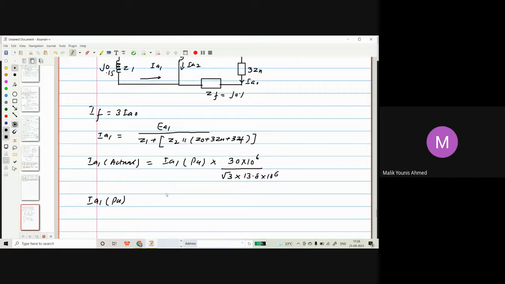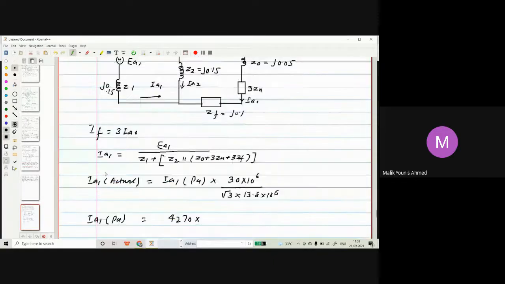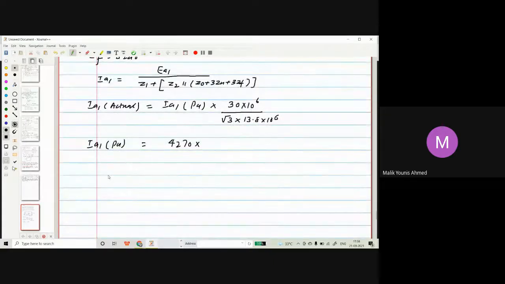IA in per unit should be equal to 4270. The current is given in actual. IA per unit is actual value divided by base value. That's what I'm writing.